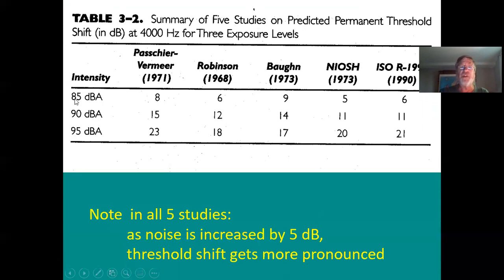So if a person's listening to 85 dB sounds, this is what they're going to have in terms of threshold shifts. 90 dB is going to have more damage. 95 is going to have more damage. Note in all 5 studies, as the noise is increased by 5 dB, the threshold shift or the noise-induced hearing loss is more pronounced.